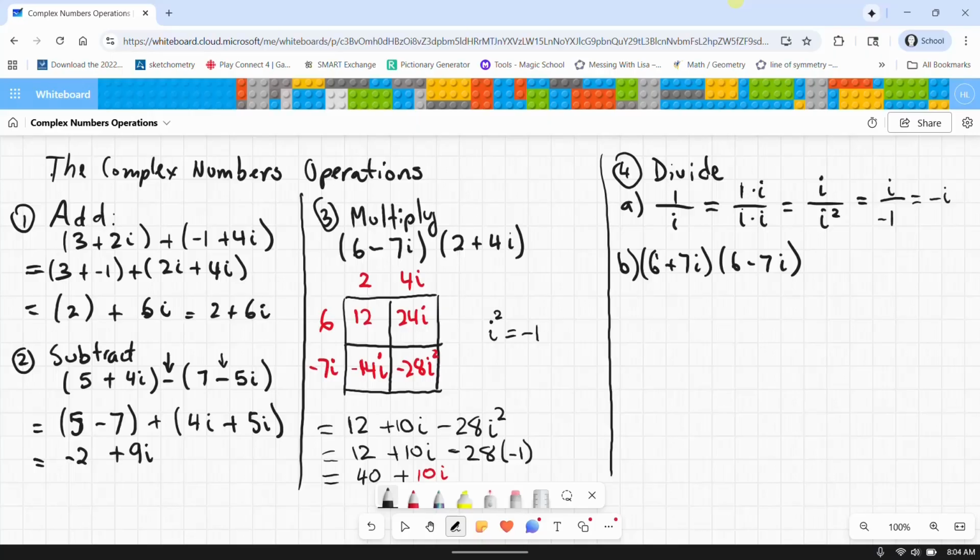Okay, now after today, I want you guys to memorize this. The grouping between 6 plus 7i times 6 minus 7i looks like this.